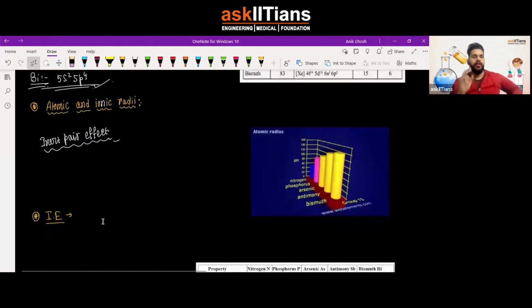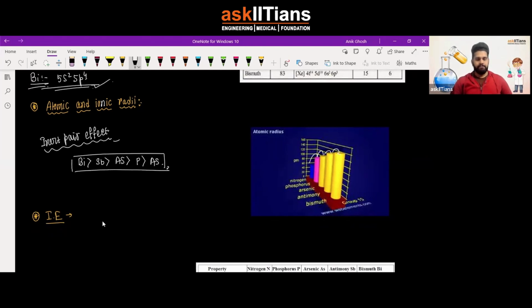Now, what is happening to the atomic radius? As you can see, as we move down, the atomic radius is increasing. So according to that, bismuth would have the highest, then antimony, then arsenic. This should be the order for atomic radius.